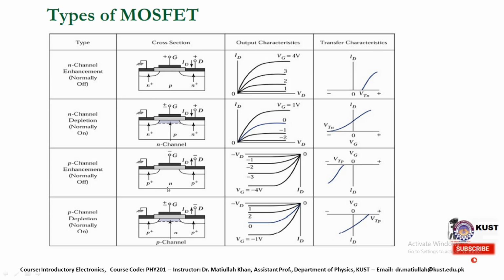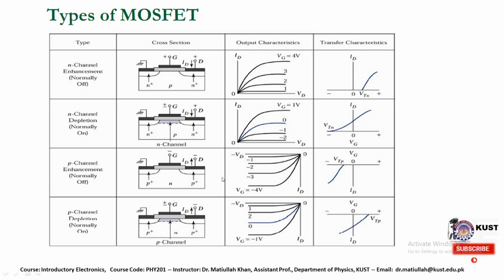Now come toward the P channel enhancement, that is normally off. In this case the channel is made from P type material, but this region is normally off. If we look at the curve between ID versus VD, it is like this, for different values of VG, that is the gate voltage.